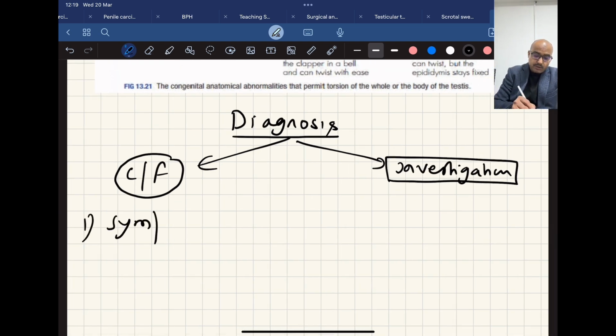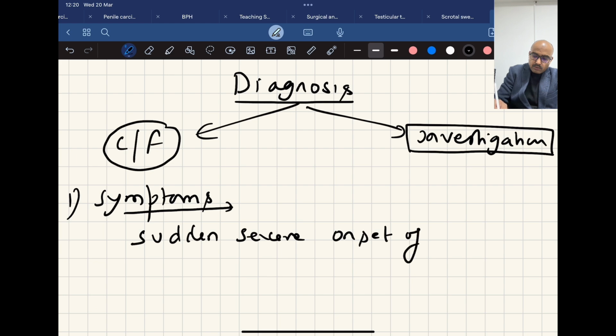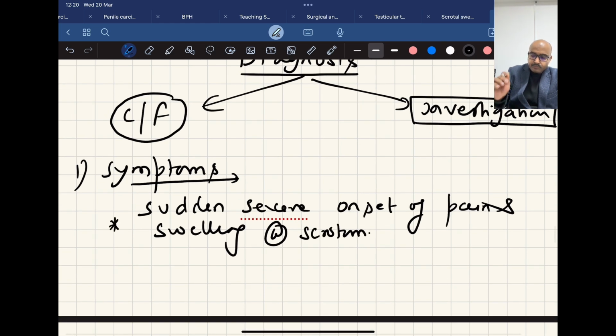So the clinical features, if you see the symptoms, the patient complains of a sudden severe onset of pain and swelling at the scrotum, and he may have had a similar kind of pain in the past as well.